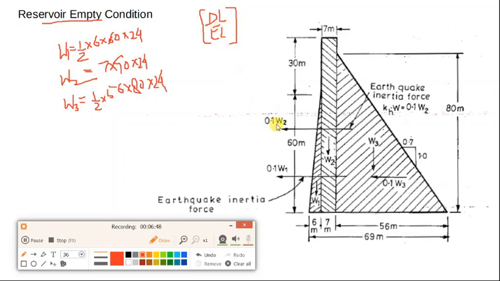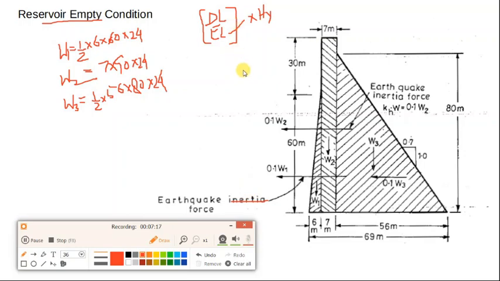Before that, remember, in case of earthquake force, there will be only earthquake inertia forces; there will be no hydrodynamic forces. Why? Because there is no water.